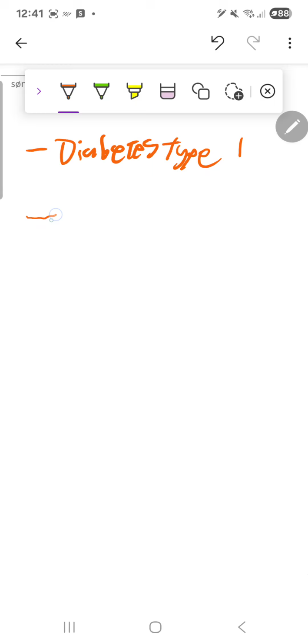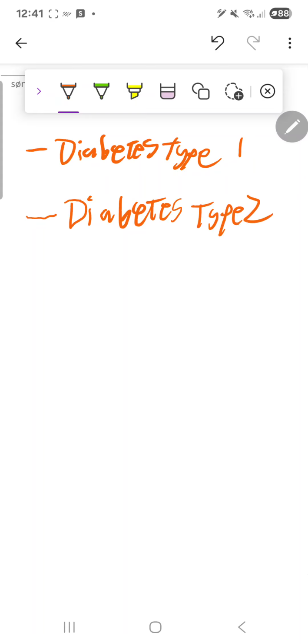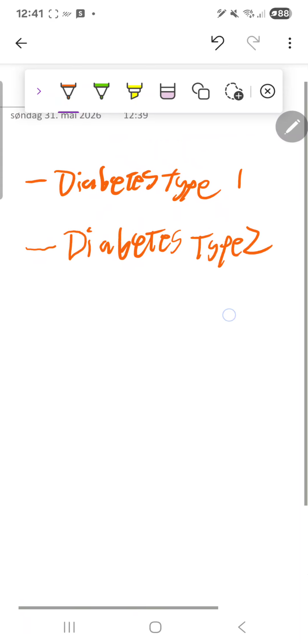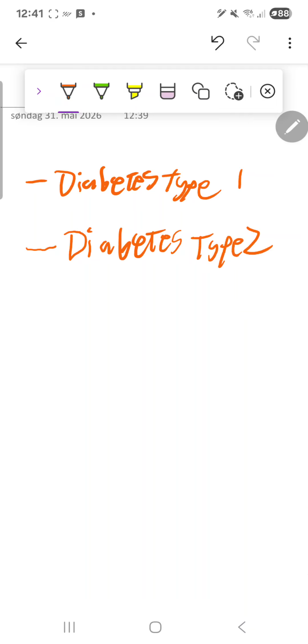And the other type is called diabetes type 2. And in this type, there is a mismatch between the production of insulin and how much insulin the body needs.